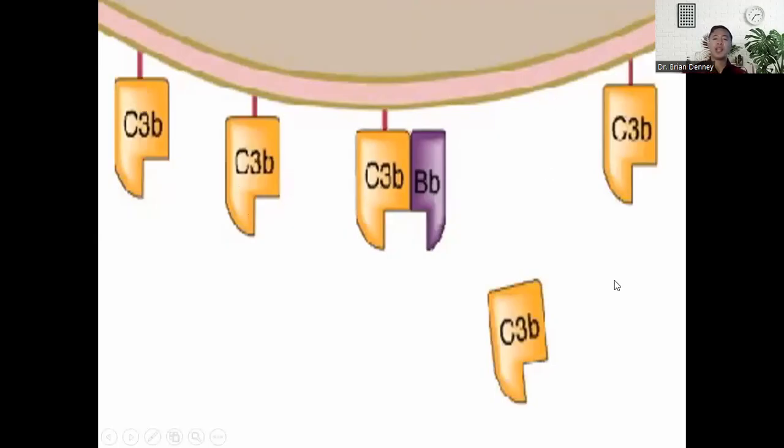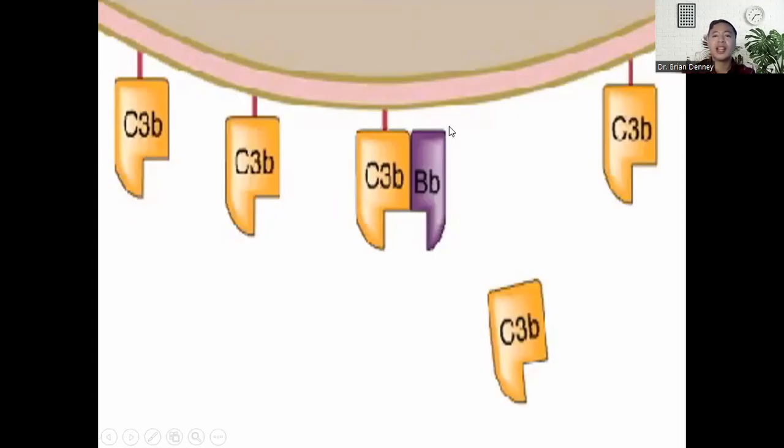Now, sometimes your C3b molecule that was cleaved by your stabilized C3 convertase may bind to the stabilized C3 convertase. So instead of binding to the surface of the bacterium, it binds to your C3bBbP, forming another molecule called C3bBbP3b.